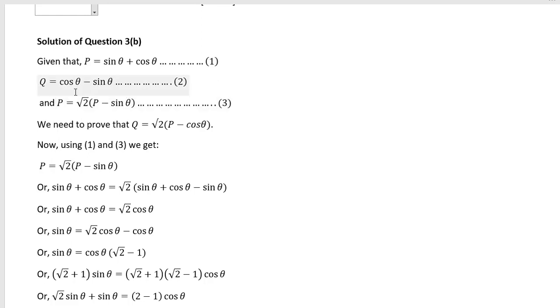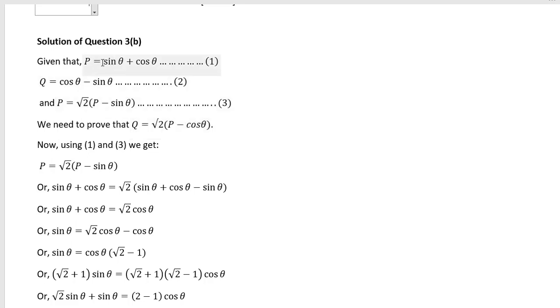Now look at here, it is given in the question that P is equal to root 2 into P minus sin theta. Q is equal to cos theta minus sin theta is given in the stem. What we need to prove is that Q is equal to root 2 into P minus cos theta.